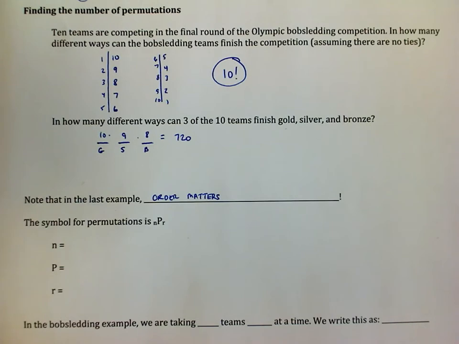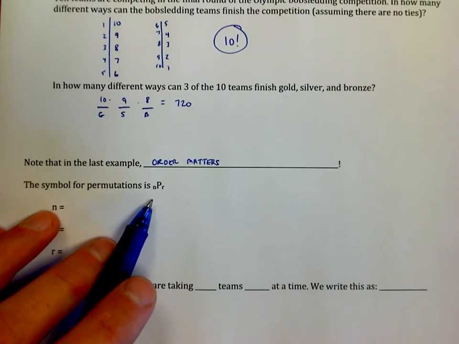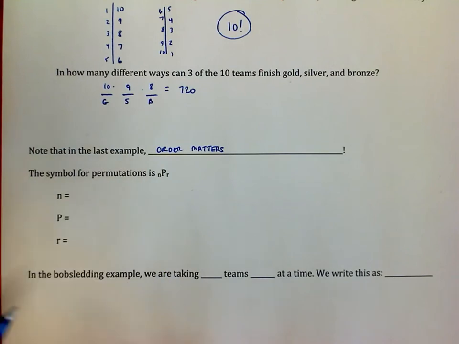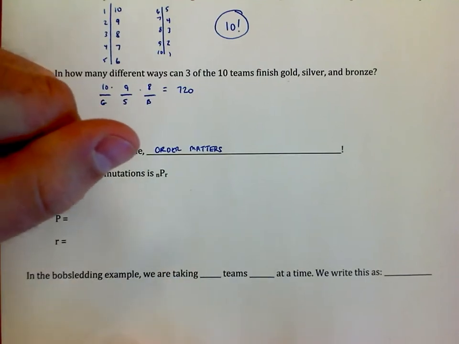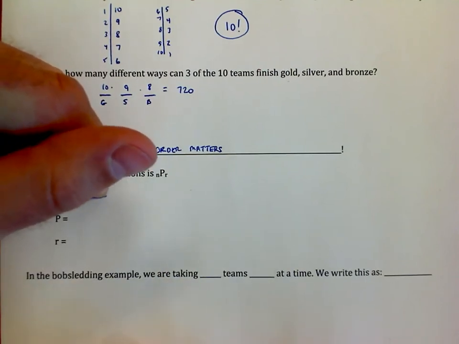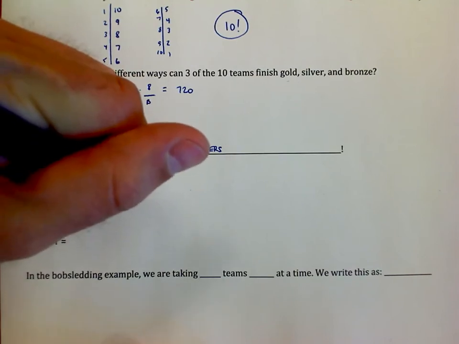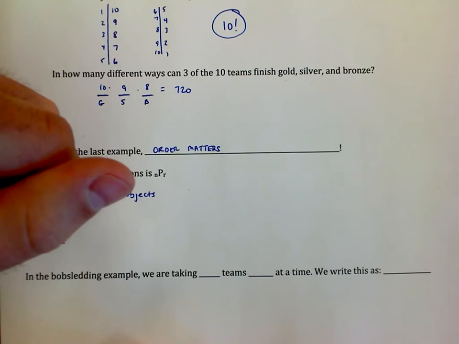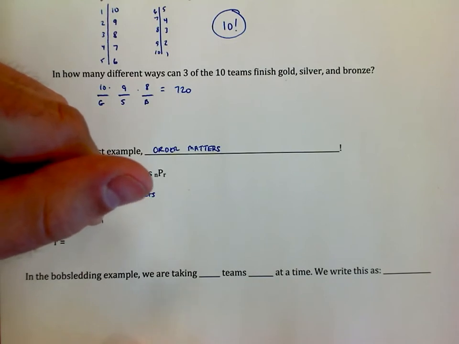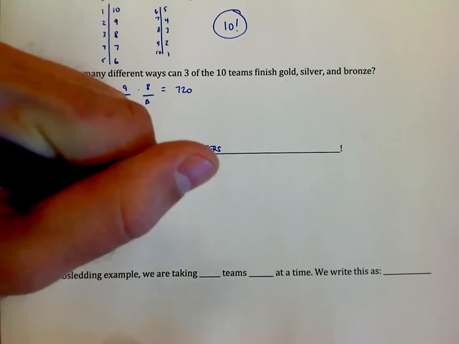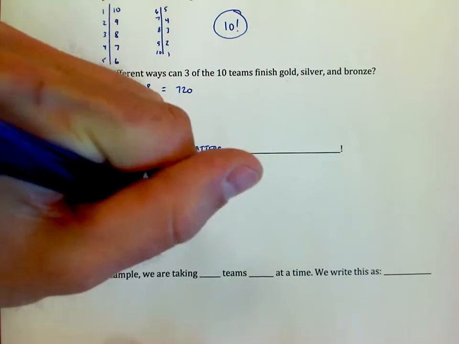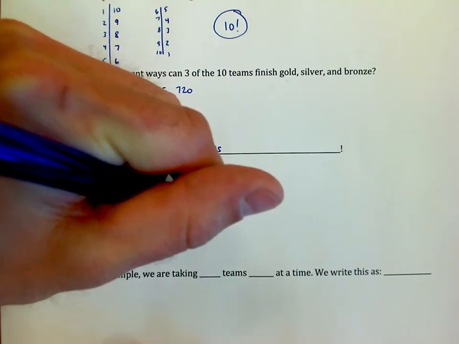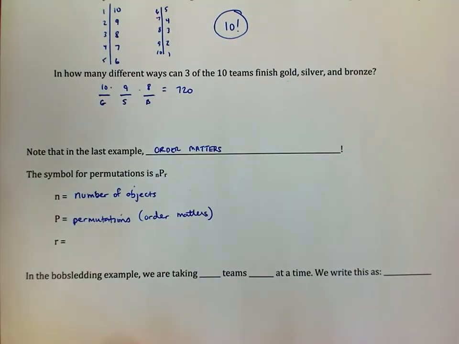And what we're doing is called a permutation. The symbol that we're going to use for permutations is nPr, okay? n is the number of objects that I have. In this last example, it was the number of bobsledding teams. P means that it's a permutation, and that simply tells us that the order makes a big difference here, okay? We're going to talk about something called combinations tomorrow, and in combinations, order doesn't matter. It's just like we need groups of 3 or something.